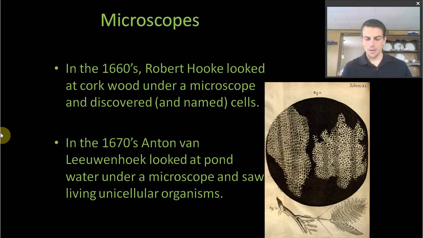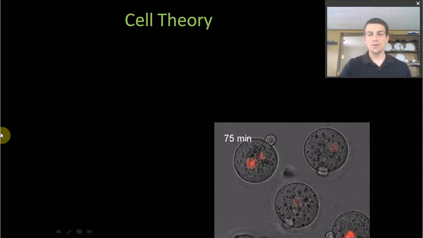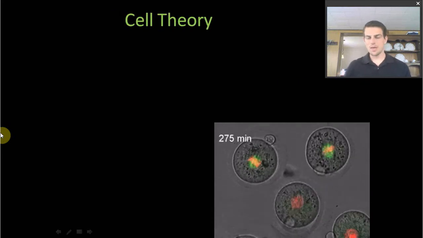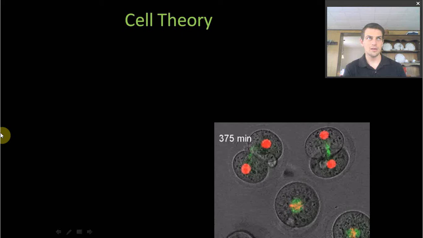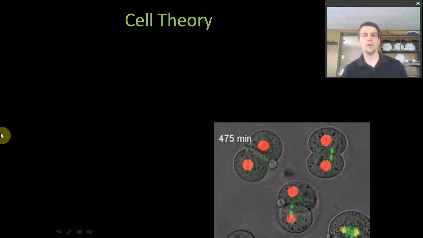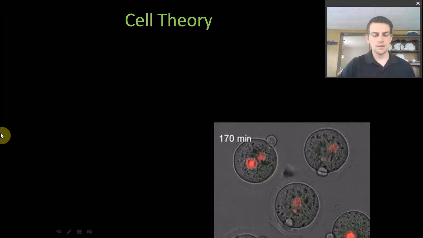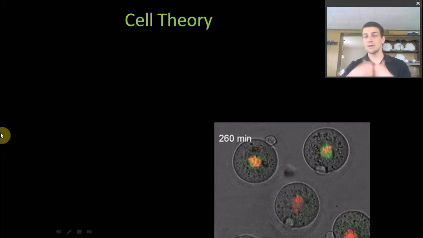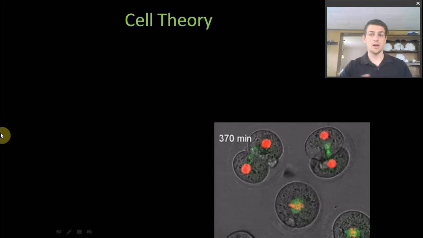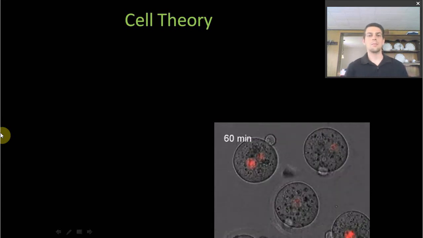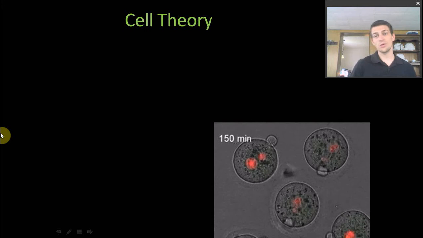So, people went on to study these cells, this new idea, and we came up with something called cell theory. Now, in science, a theory is a very broad, accepted-to-be-truth idea, and it applies to a lot of different areas, and it can explain lots of different phenomena that we see. So there's the theory of gravity, or cell theory.